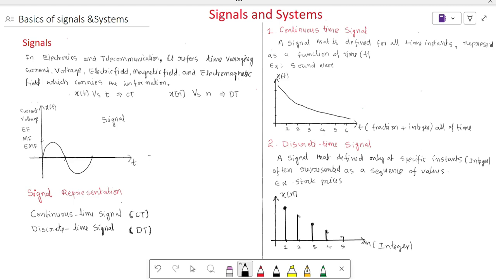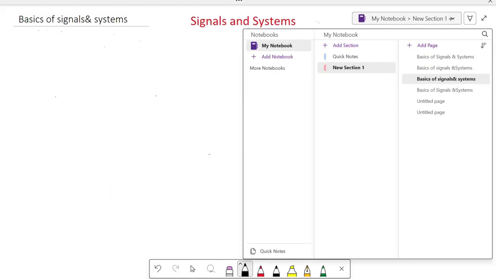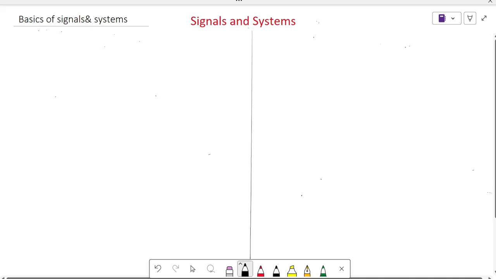Then we go for the periodic signals. Periodic signal. So now, what is a periodic signal and its characteristics? Periodic signals, so characteristics.